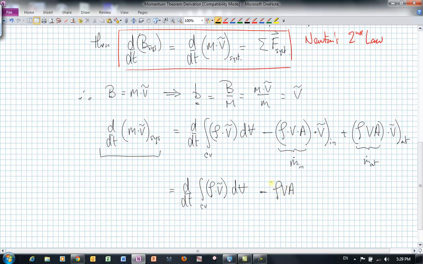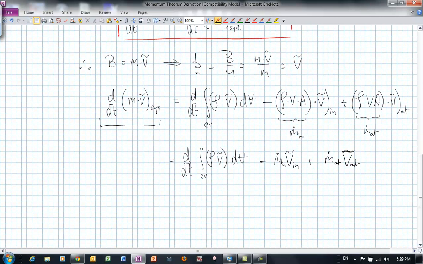So rho v a. Oops, sorry, I don't want to do this. m dot in times v in plus m dot out times v out.